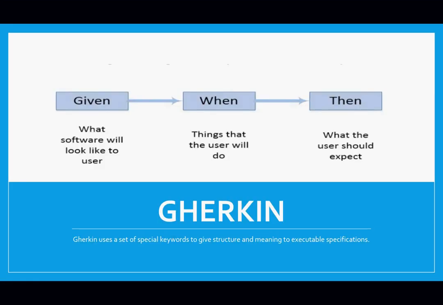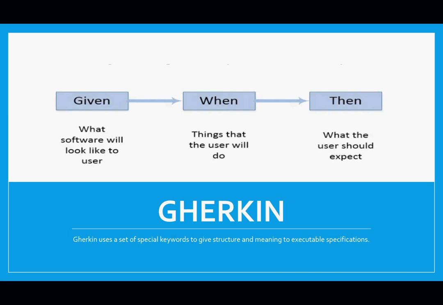Now, BDD is written in Gherkin. So what is Gherkin? It's basically a set of keywords that helps you structure your specification so that you can execute it in code. You have keywords that help you relay that message to the computer so that the program can execute the English-like format that you've given.